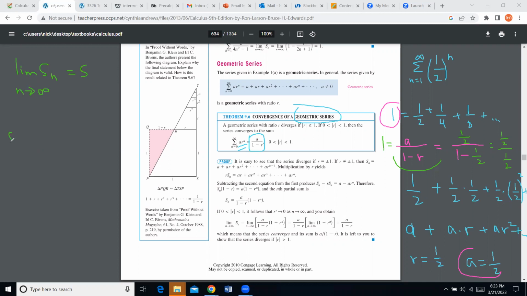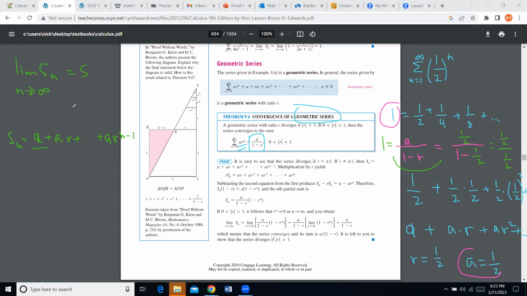Well, Sn I can write out as a, the first term, right? Plus a times r plus etc. Plus a times r to the power of n minus 1, because there are n terms, and the first term does not contain r, so it's like a 0 power of r, right?